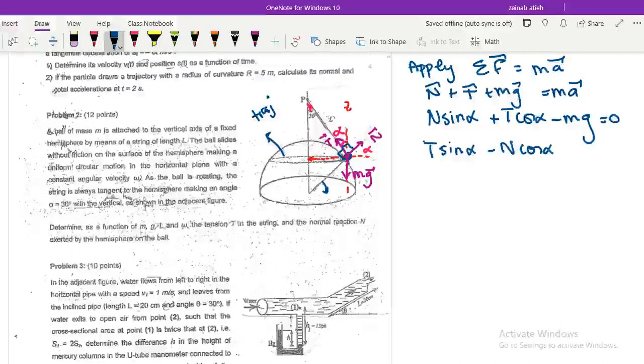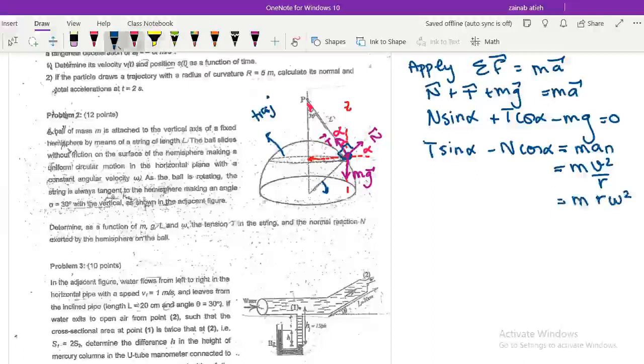Because the projection of N along the centripetal is outside the axis. The m g is all on the z axis, so no need to project it. This equals m a normal, which is m v squared over r, and the r is not the radius of the hemisphere, it is the radius of the trajectory. I can write it differently: v equals r omega, so it gives m r omega squared.